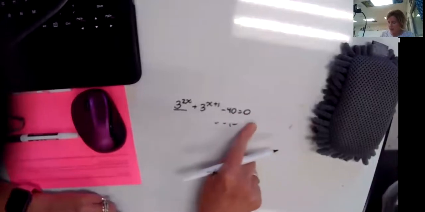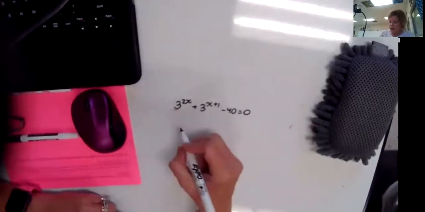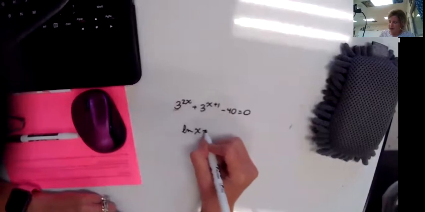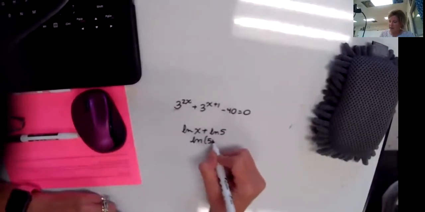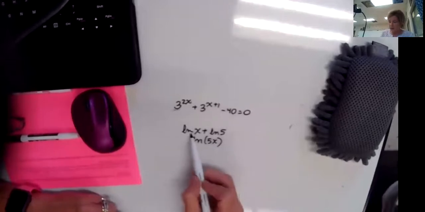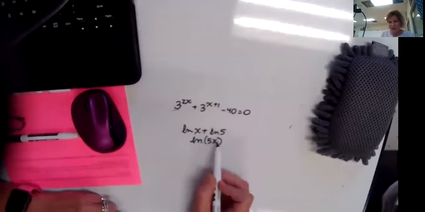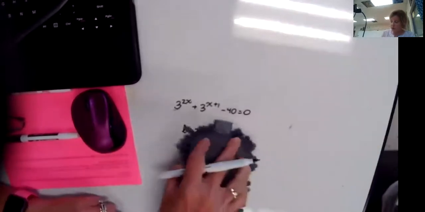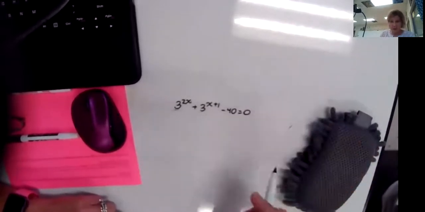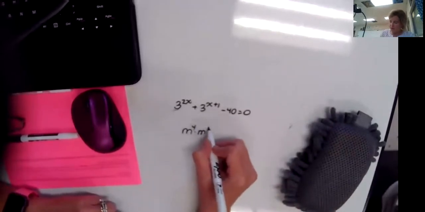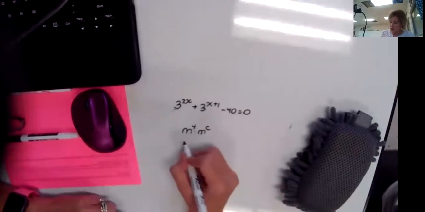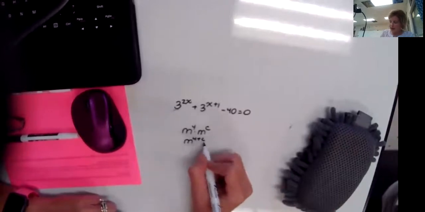Well, what do we do? So you all know that if I've got ln of x plus ln of 5, I condense by making it ln of 5x. So I go from separate logarithms to condensed logarithms, add to multiply. Well, remember, with exponentials, if you have separate exponentials, then you condense by adding exponents.